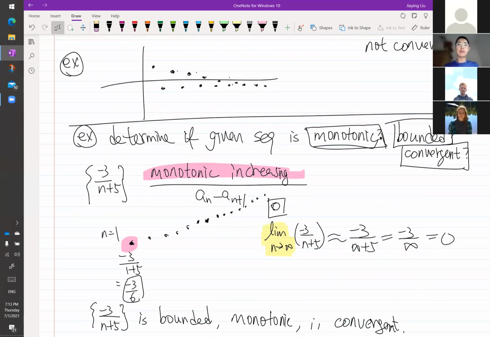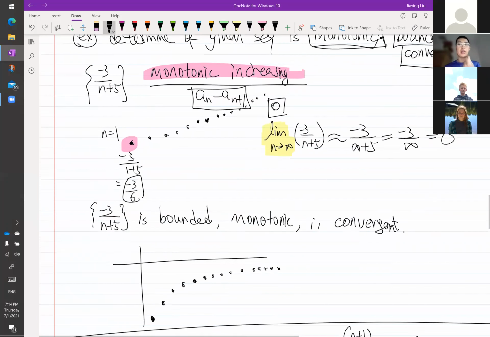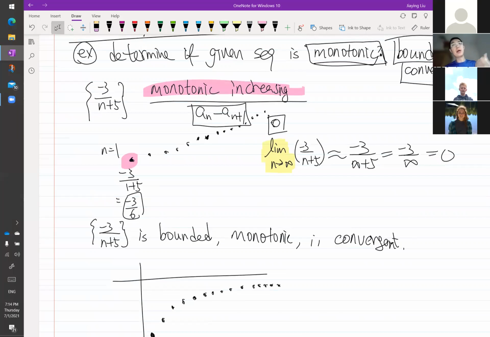So for all those examples, I first decide if the sequence is always increasing or always decreasing by finding the difference between a_n and a_(n+1). I use that to decide if the sequence is increasing or decreasing. And then I need to know if it's bounded from above and bounded below, because that's what bounded means, right?